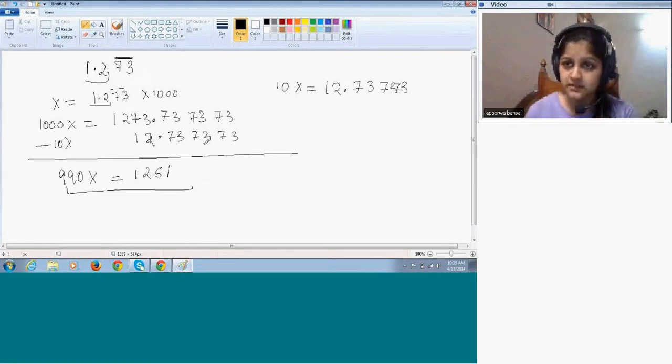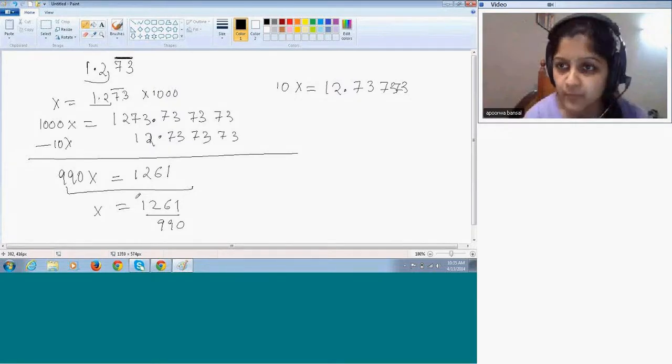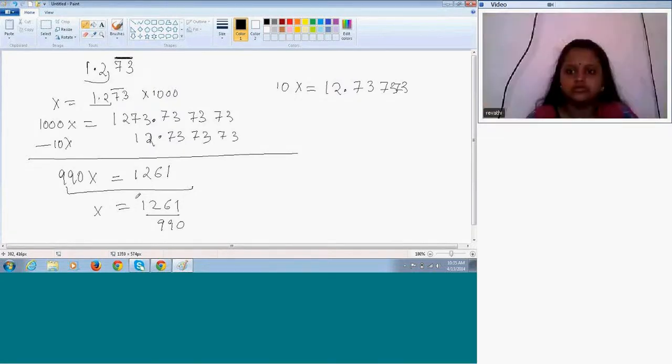We'll subtract it and we'll get this, and we'll divide by 990 and we'll get 161 over 990. So I hope you understood this part very well. There's no problem with that.